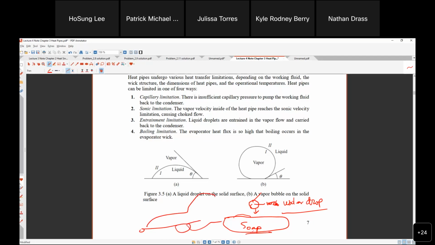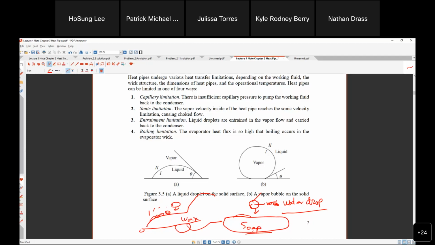How about the car? Shiny, waxed. If you drop a water droplet, is it wetting or not wetting? Would it be non-wetting? Yes, you're right. That's on purpose, so that the rain or whatever just rolls over.